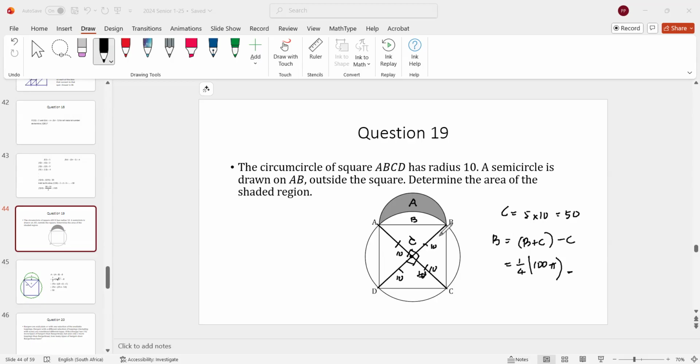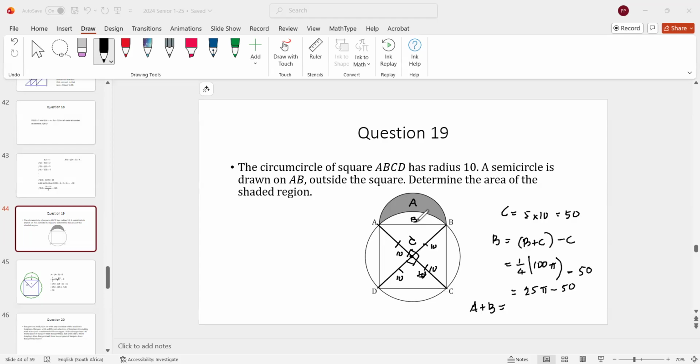I don't know whether I need all this, but anyway, it's good exercise. The area of the triangle we saw is 50, so B is 25 pi minus 50. Okay, and then once you got B, then A, we can see A plus B is the area of the semicircle. It said that this is a semicircle.